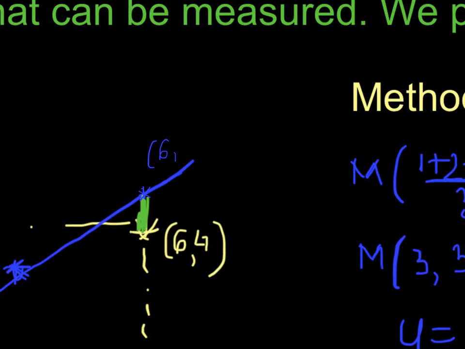The y value will be 6m plus 3 minus 3m. Therefore, the square of the distance will be 6m plus 3 minus 3m minus 4 squared. And I will repeat this procedure for all the other points.